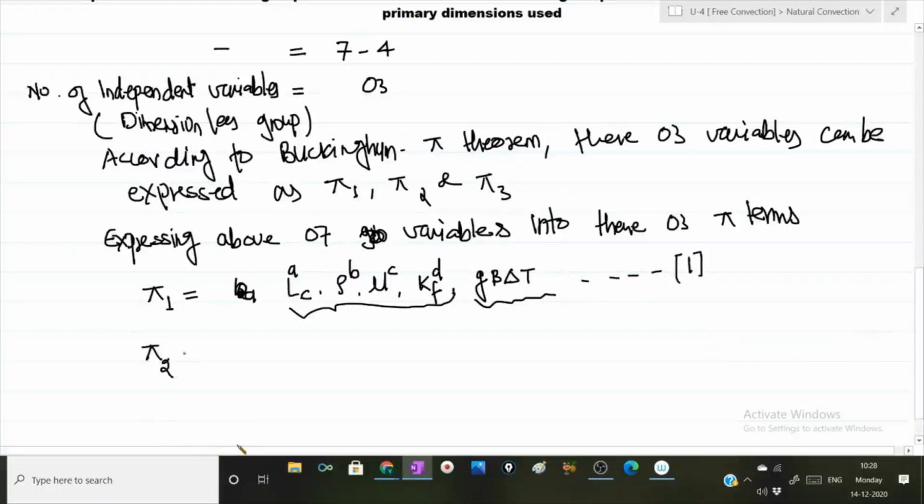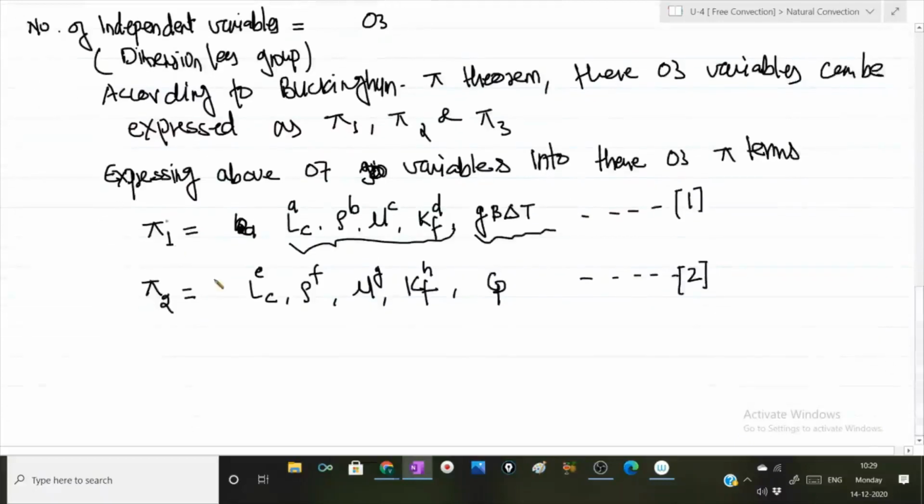The second non-dimensional group pi2 will once again have these repeating variables: LC, rho, mu and Kf. Now their exponents will be changed: LC power E, rho power F, mu power G and Kf power H. And the selected variable I am considering is specific heat. Let's say this is equation number 2.